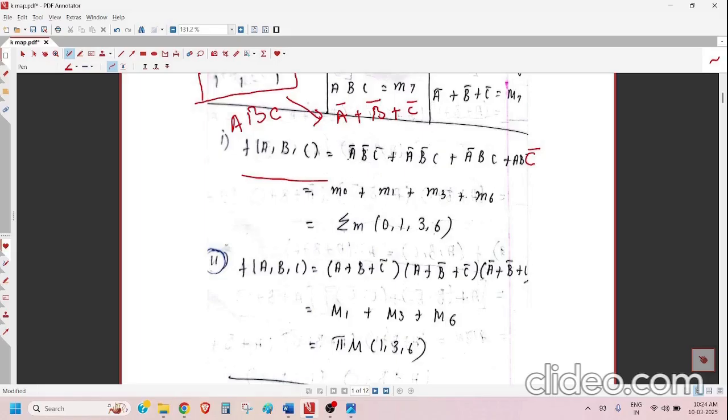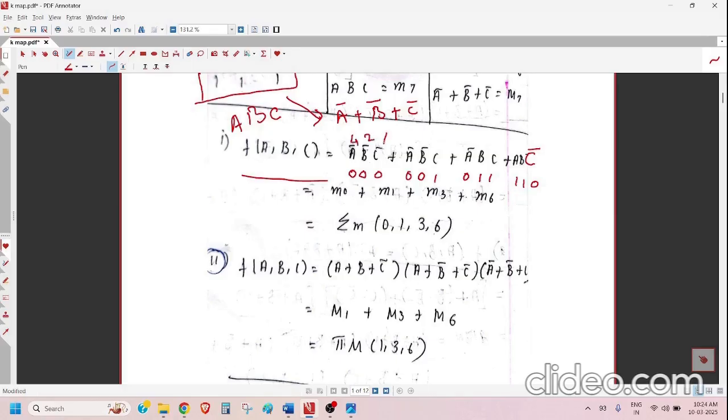Since it is min terms, bar means 0 will be there and without bar 1 will be there. So this is 0, this is 0, this is 0, and here 0 0 1 will be there, and here 0 1 1 will be there, and here 1 1 0 will be there. So the next step is you have to follow the 4 to 1 concept.